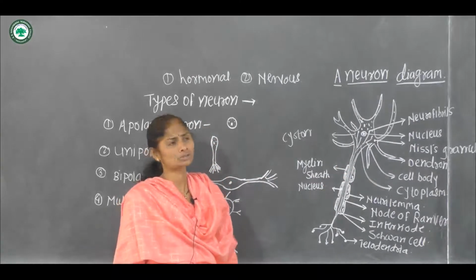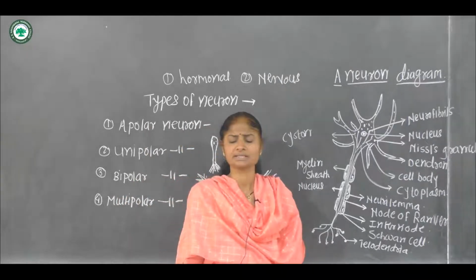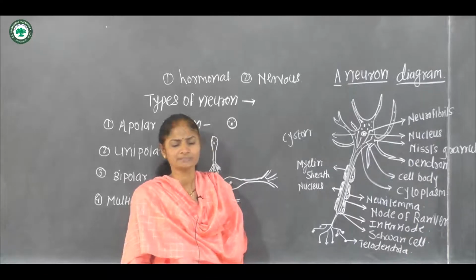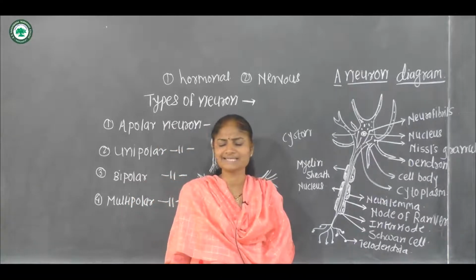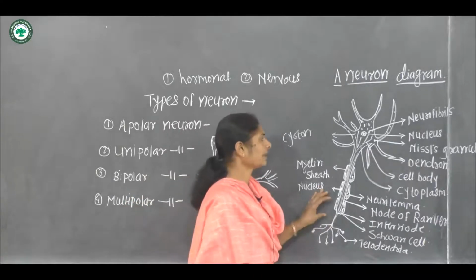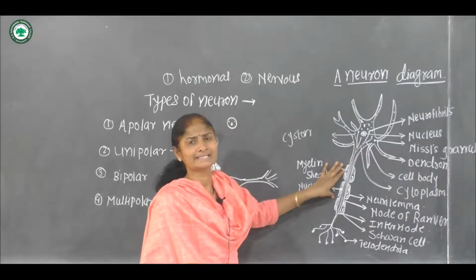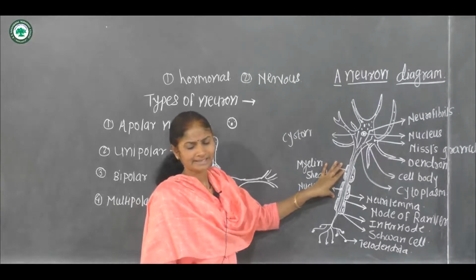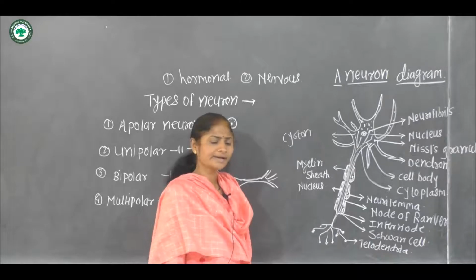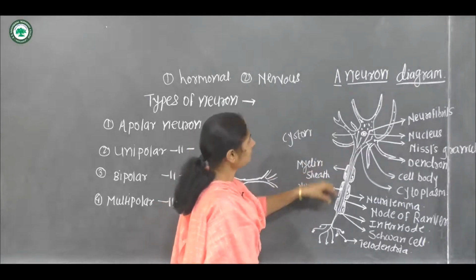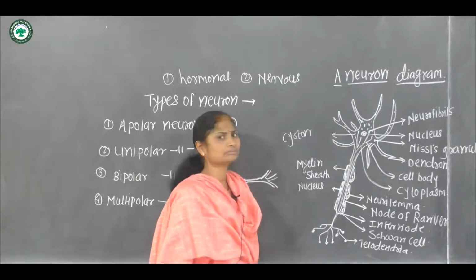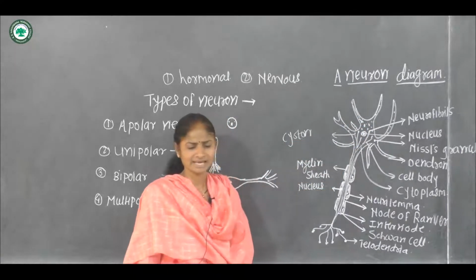It is also covered by a thin membrane called the axolemma, and it carries impulses away from the cyton.